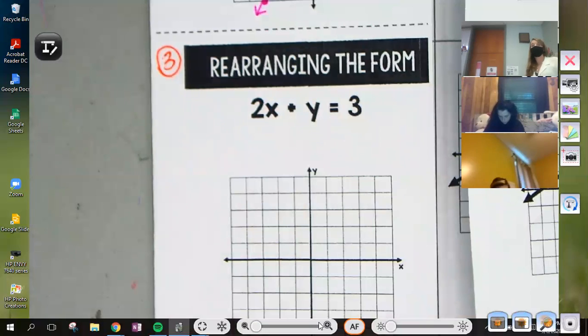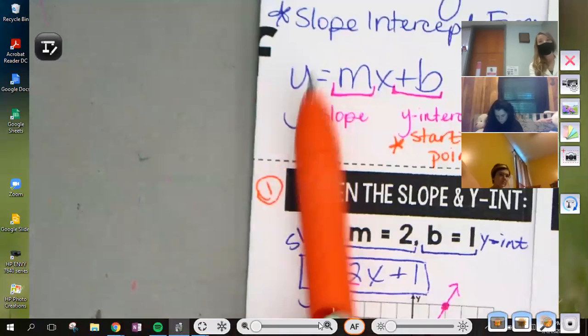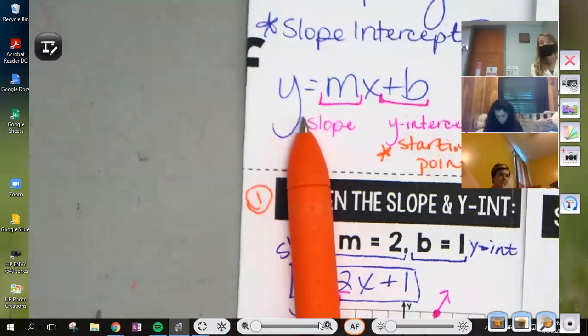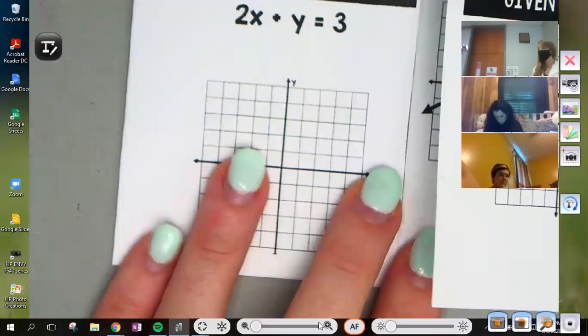Yeah, we do have to do a step first, but what are we trying to do? Our equation always has to be set equal to y. It has to be y equals the rest of your equation. Is my equation like that?